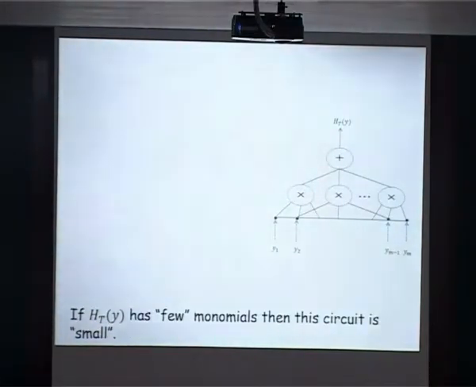Okay. So, and now what about the size? The size might have blown up because I have replaced a circuit by its sum of polynomials, sum of monomials representation. But suppose h of y had only a few monomials, then I would not have increased the size by too much.